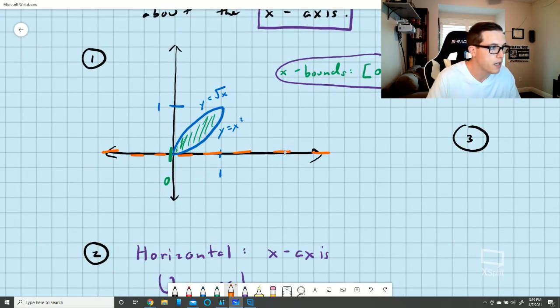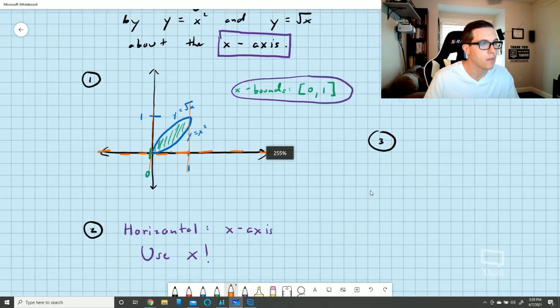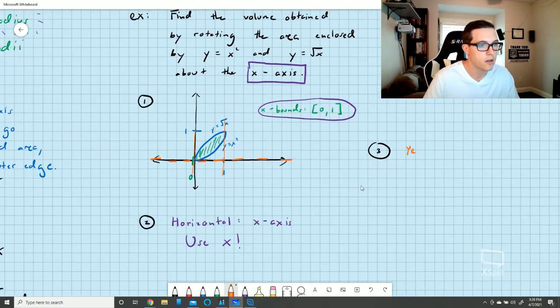If I drew a straight line from here to here, you see all this? That's what I mean by blank space. So there is blank space in this problem, which means we're going to use 2 radii. Radii is just the plural of radius.